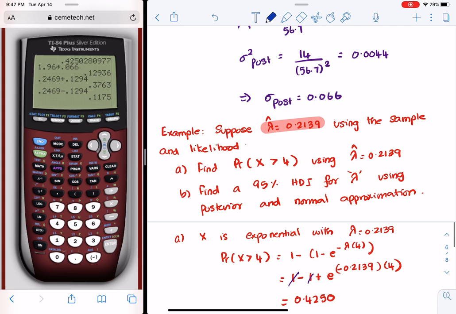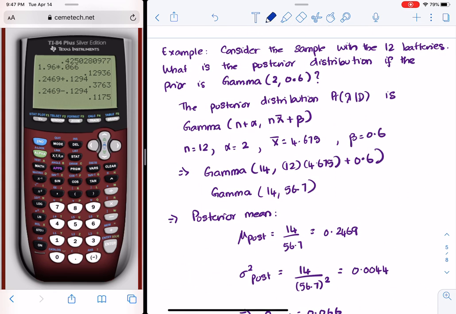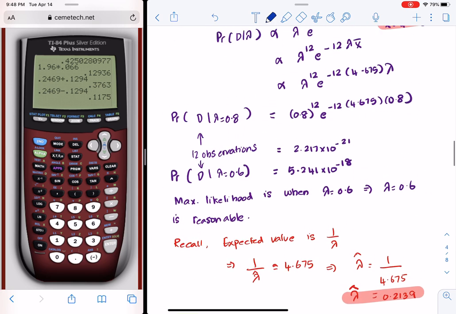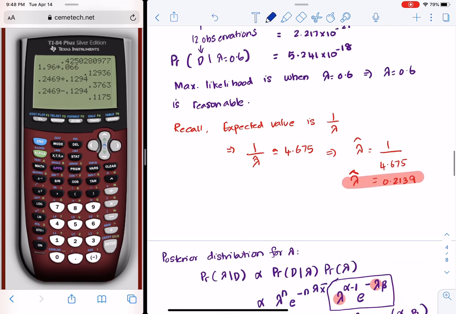So naturally, what would happen is that if you keep on increasing the sample size, eventually the estimator that we have here will be very much similar to what we would have with regular exponential distribution and maximum likelihood, which is 1 over lambda.